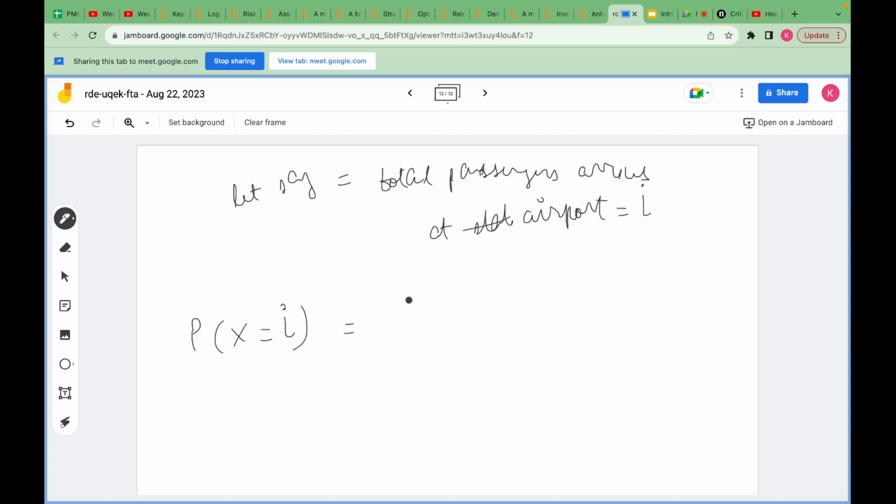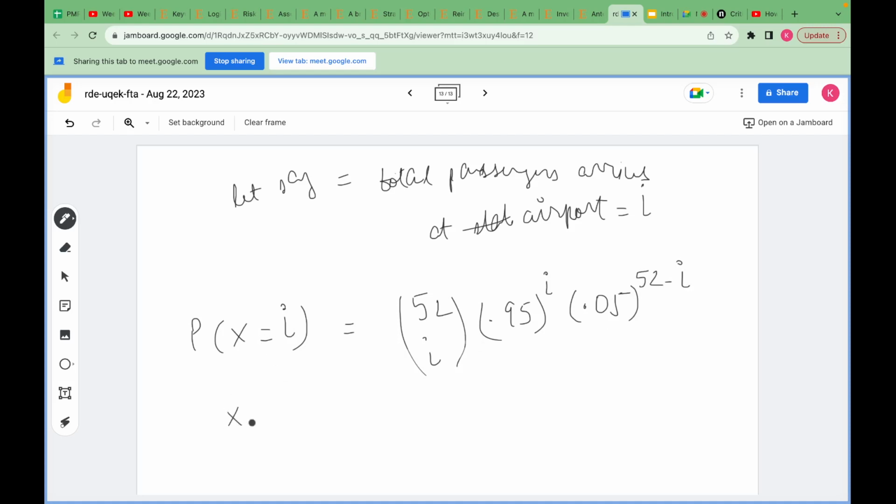So this will be 52 choose I, times the success probability 0.95 to the power I, into 0.05 to the power 52 minus I.